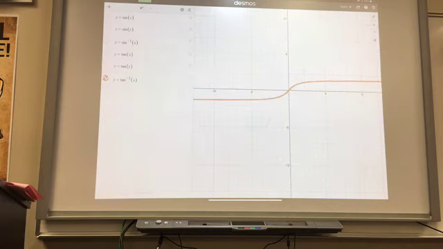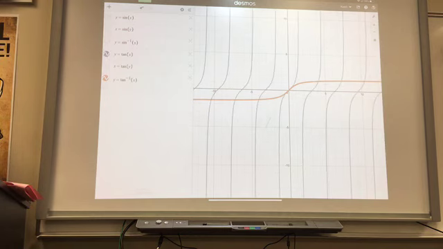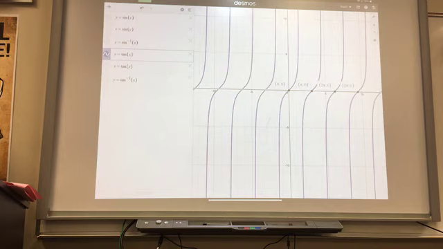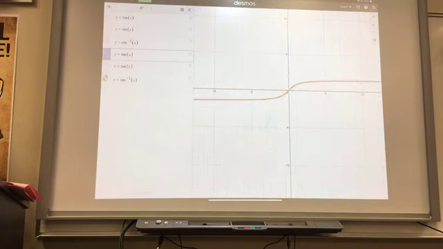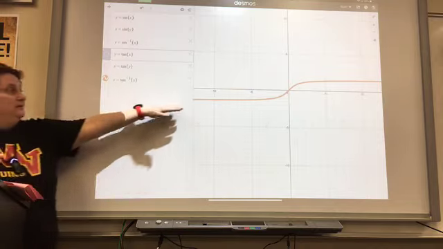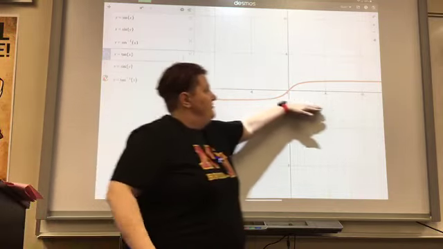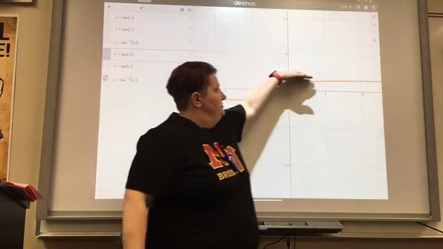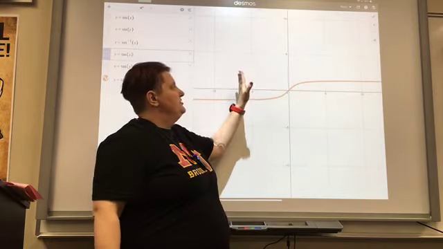Now, regular tangent, do you remember where it has asymptotes? It hits at pi, 2 pi, 3 pi. Where are the asymptotes? Pi over 2, 3 pi over 2, that's right. The pi over 2 and negative pi over 2 are here, but it's not restricted from negative 1 to 1.